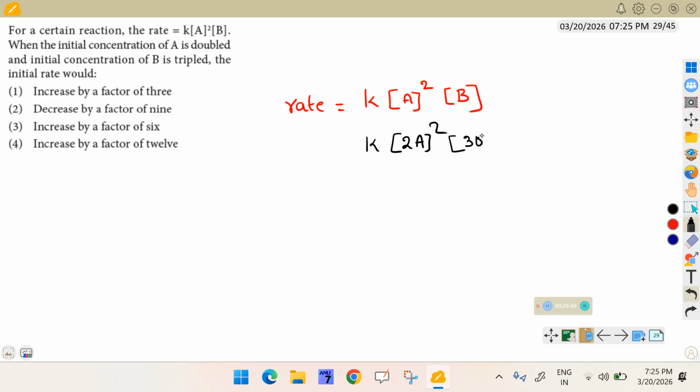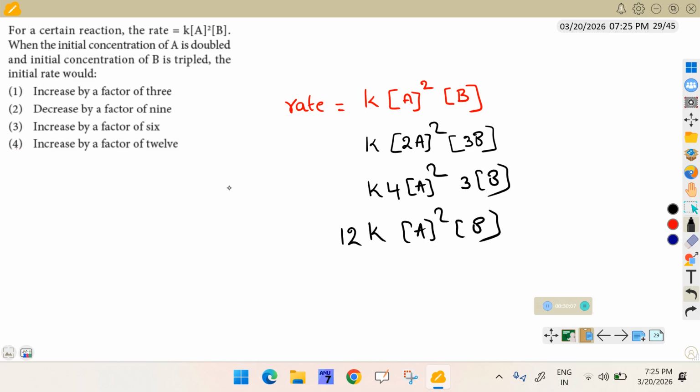B is converted to 3B. Now calculate: 2 square value 4, A square, 3 B, 4 into 3 is 12. 12K into A square B. So the rate increases by a factor of 12.